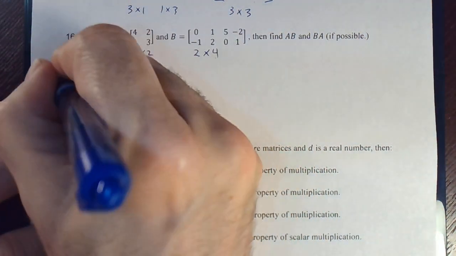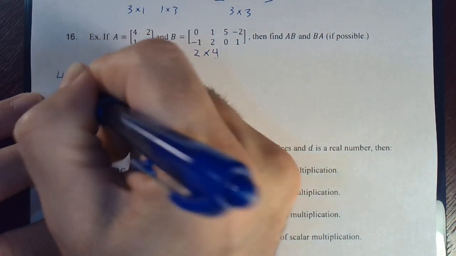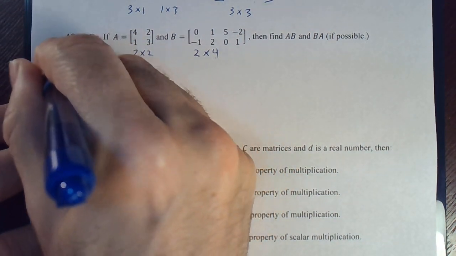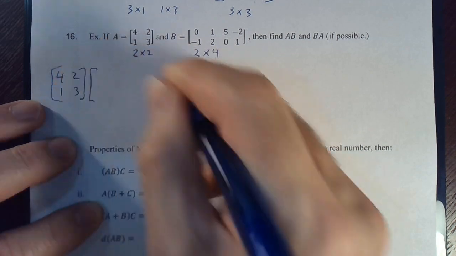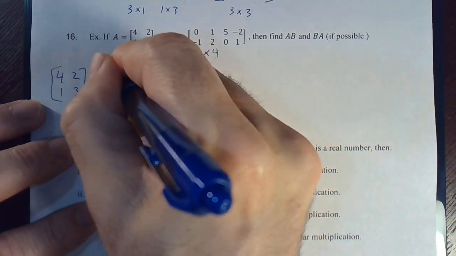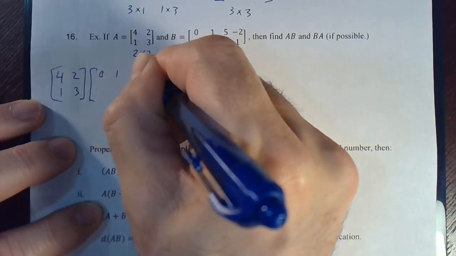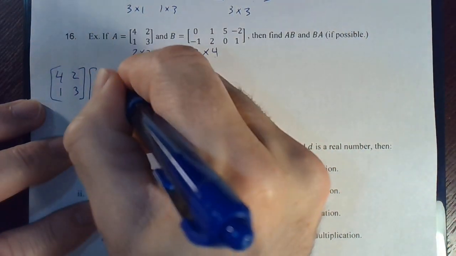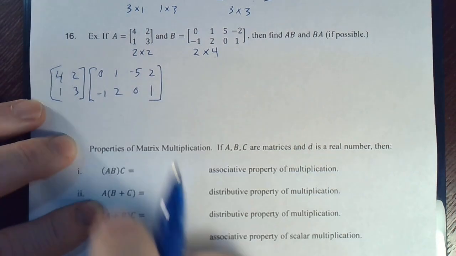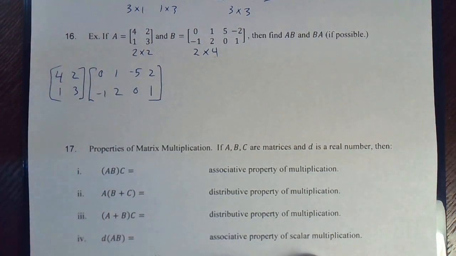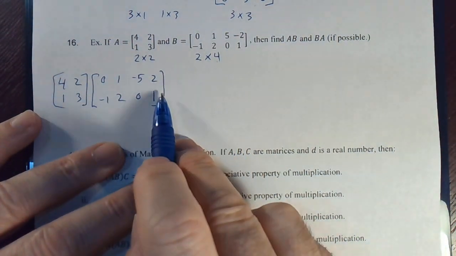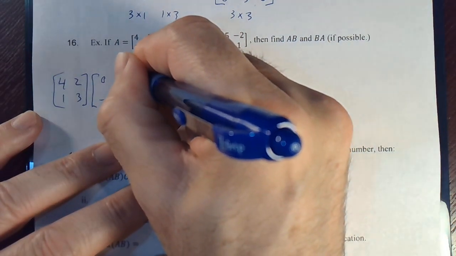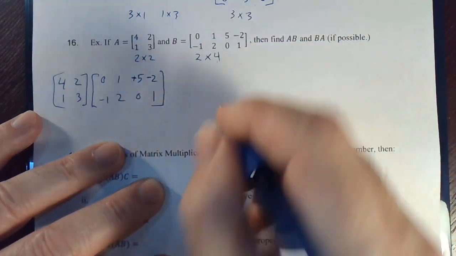So let me write down 4, 2, 1, 3 times 0, 1, negative 5, 2, negative 1, 2, 0, 1. Oops, I wrote that incorrectly, row 1. It's a positive 5 and a negative 2.